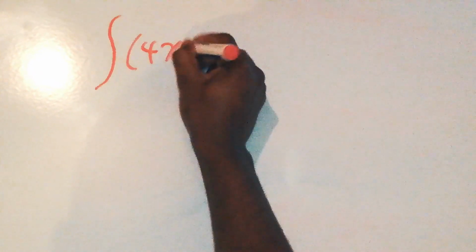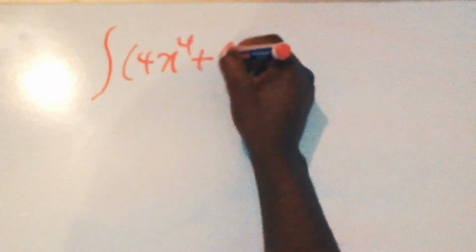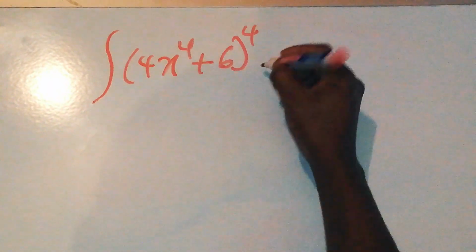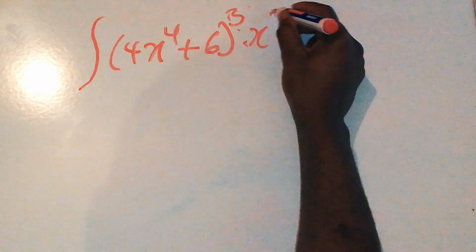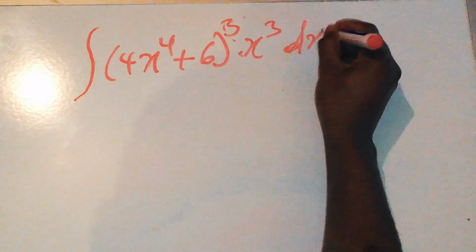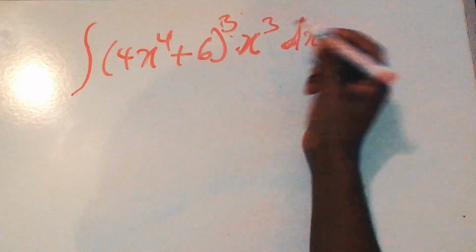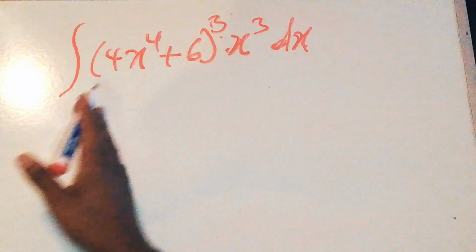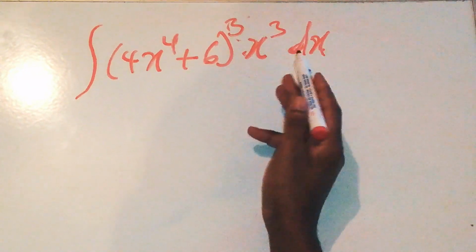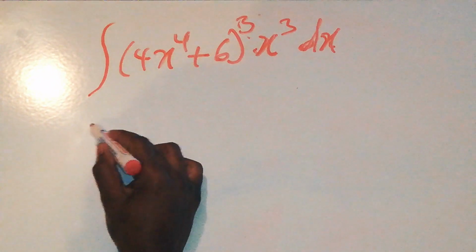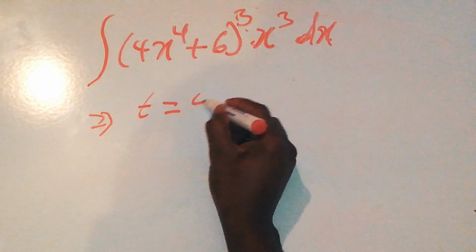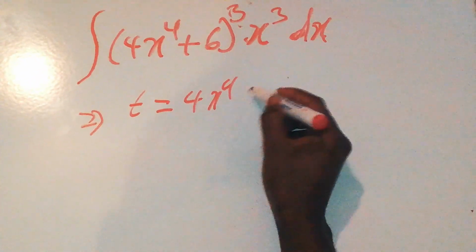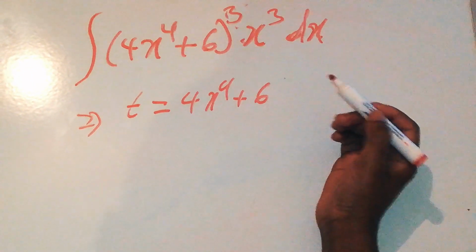So saying that we have this one, there's a 3 there, times dx. As I said, by the method of substitution, I'm taking this example from before. You start by saying t is equal to 4x^4 plus 6.